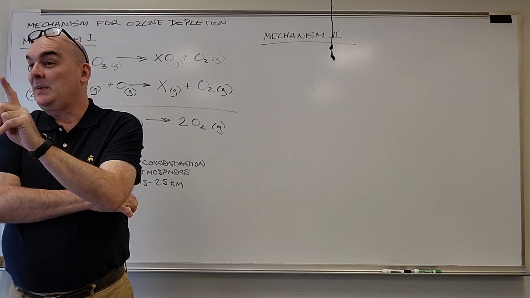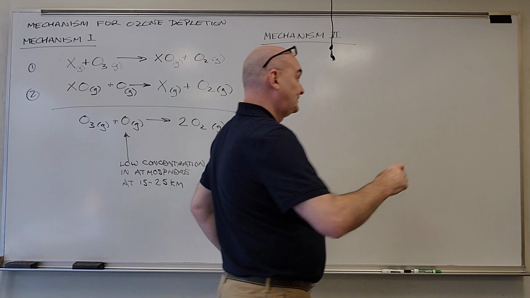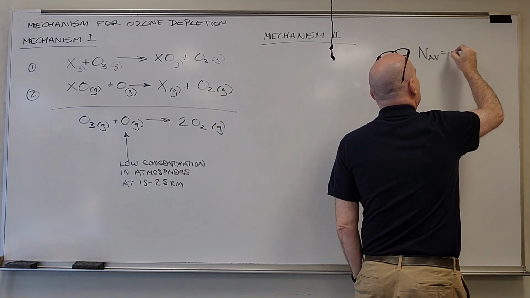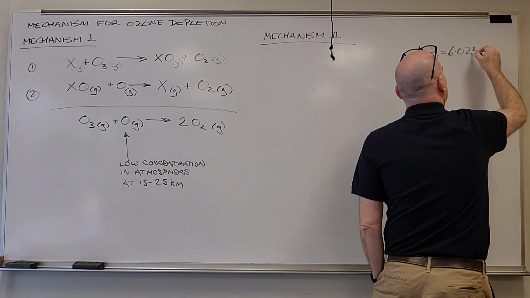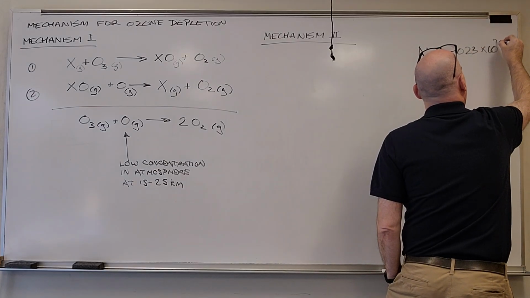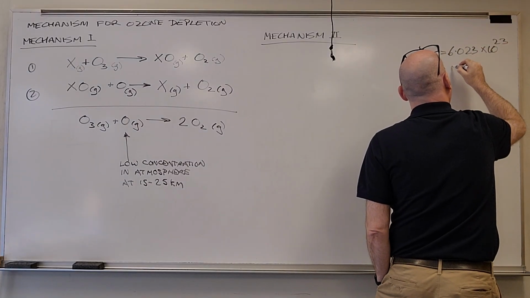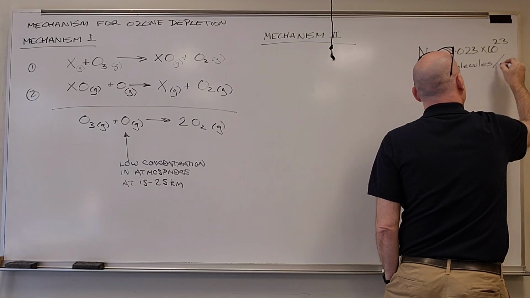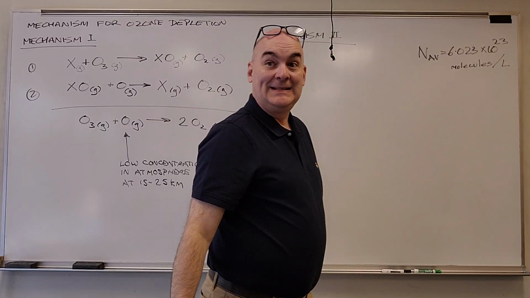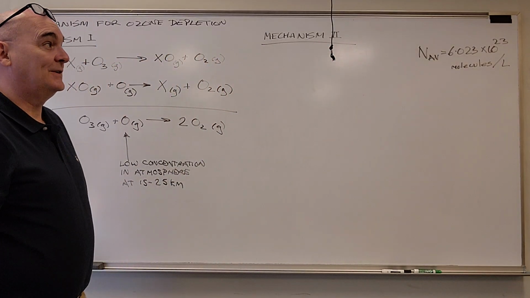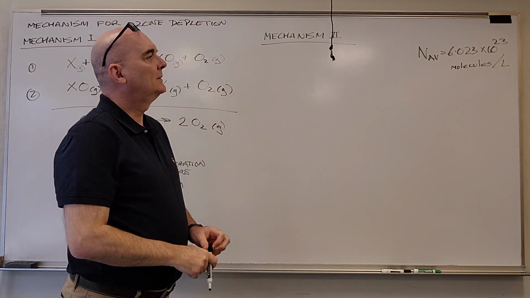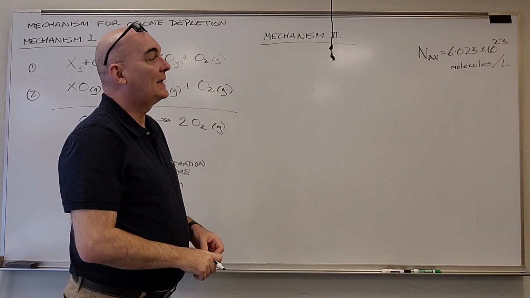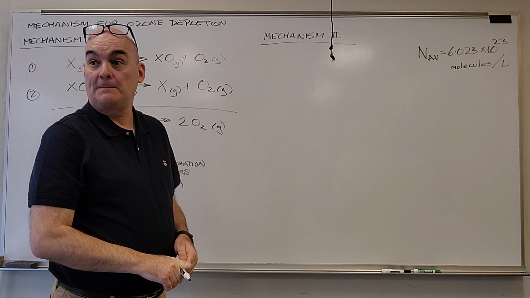So, in order to be 1 mole, Avogadro's number says that in a liter of gas, you need 6.023 times 10 to the 23.